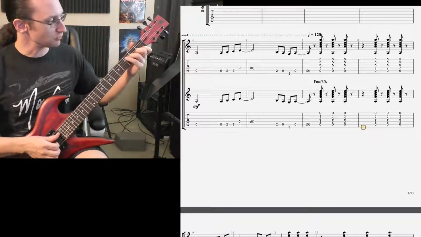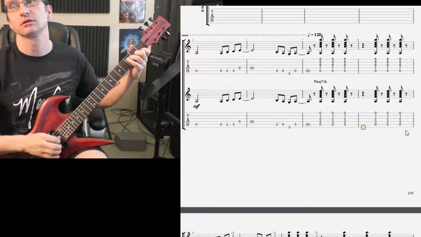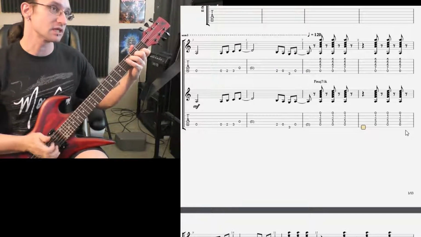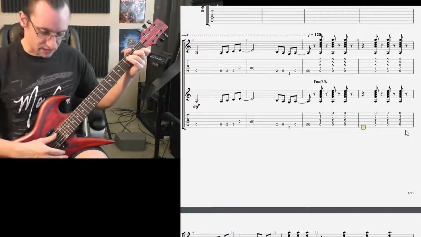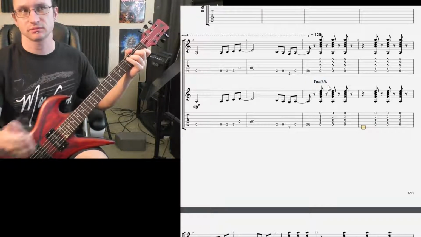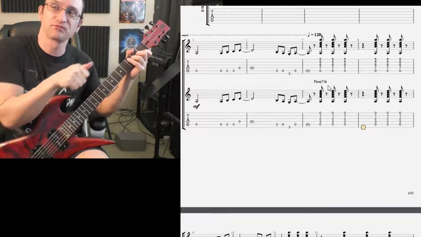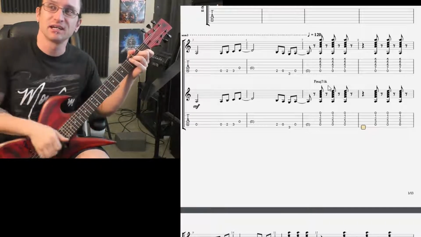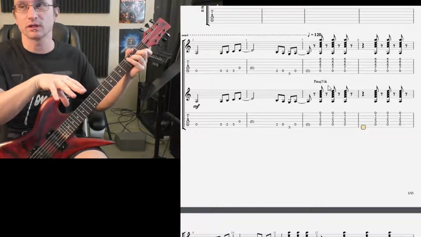Because F major 7 is this. Just those notes there, the 3, 2, 1, 0. That's the F major 7. Then you throw just A in the bass. So that forward slash is telling you this is what's in the bass of the chord.